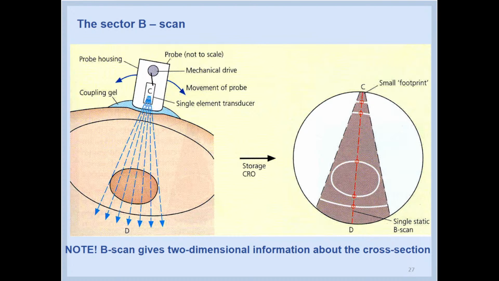A series of static B scans like CD shown in the diagram is thus obtained, with the time base moving around with the direction CD on the scan. During a sweep, data for each static scan is stored so that gradually a two-dimensional image of a sector or wedge through the patient is reconstructed.